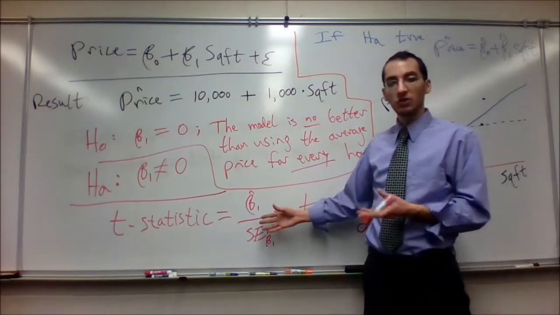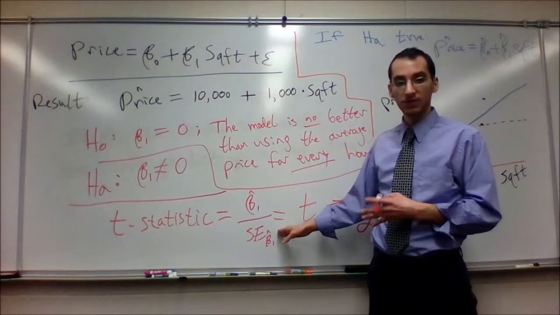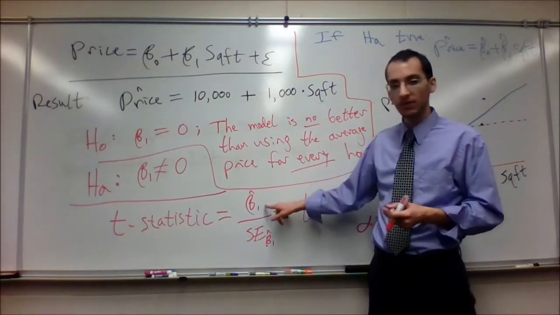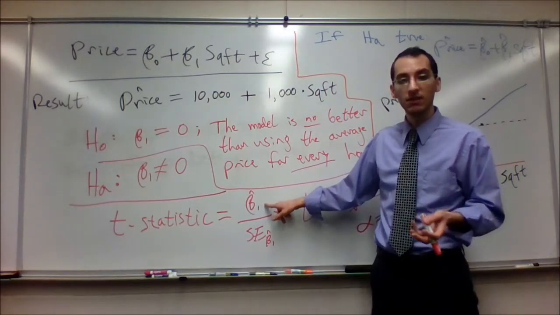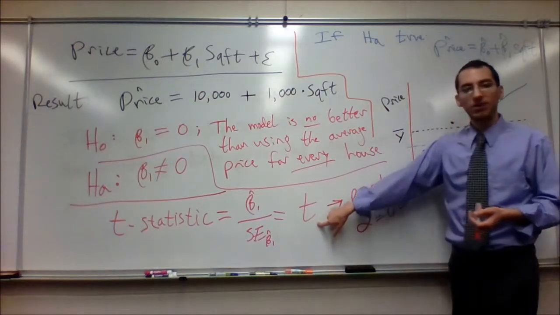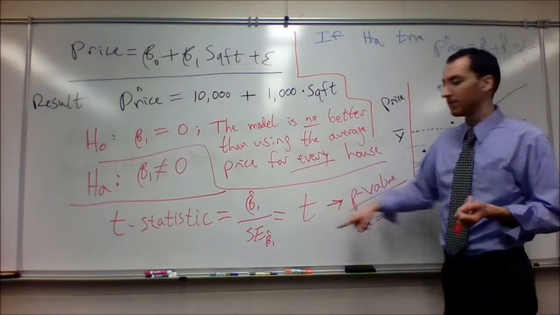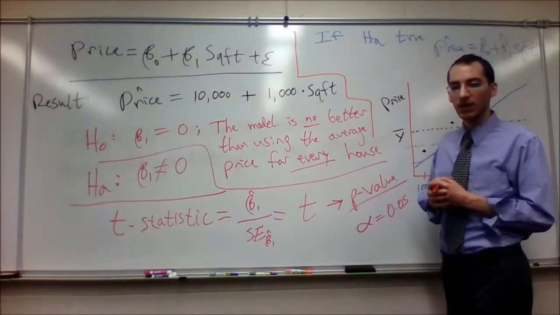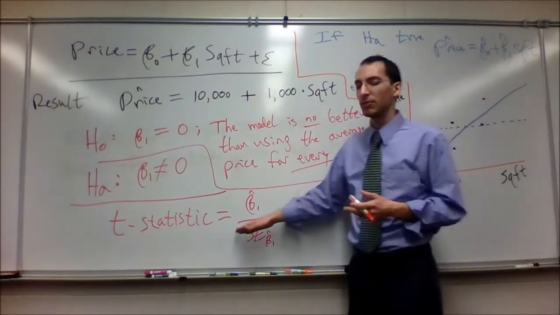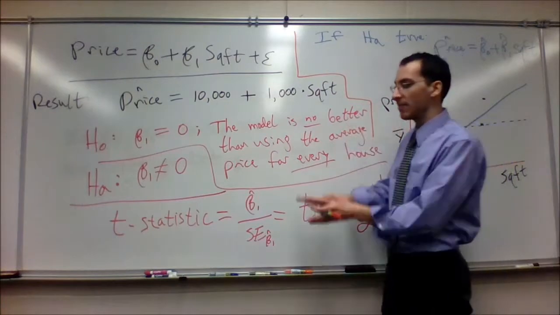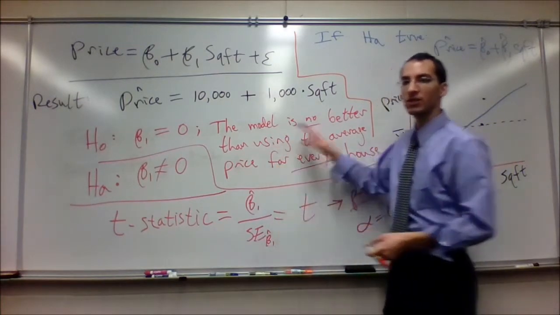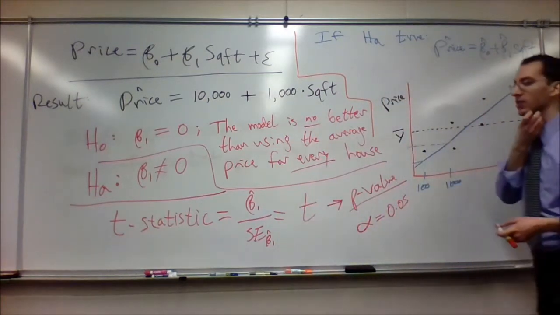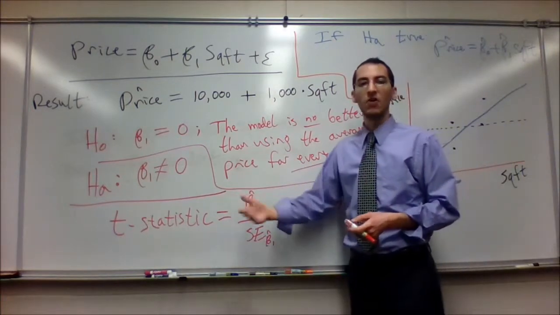If this ratio is too small, if our error is just much too big relative to the thing we're measuring, then we're going to get a small t-statistic and a large p-value and not find statistical significance. A lot of this hopefully sounds like review. I'm just hammering it into our situation with regression because we will see this over and over again.